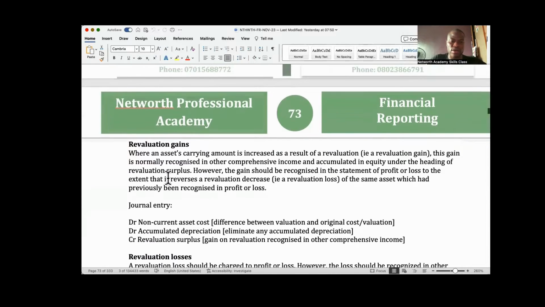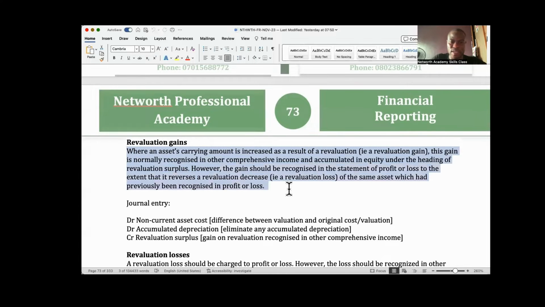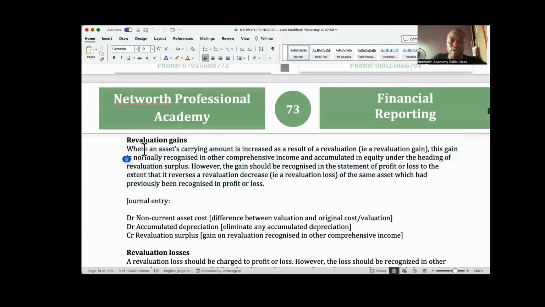And when there is a revaluation gain, this gain will be recognized in OCI, then it will end up in equity under revaluation surplus. However, I told you that this gain might be recognized to P&L if it's reversing an earlier revaluation decrease.